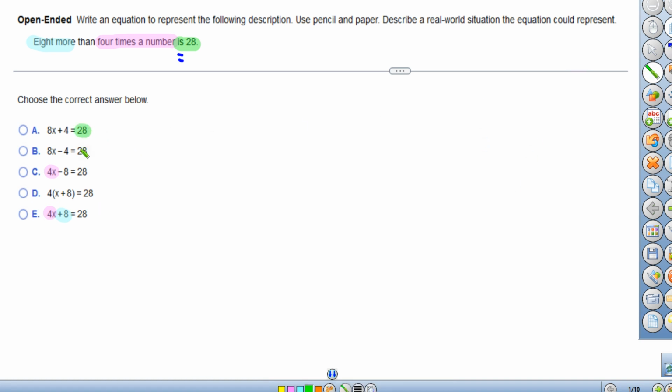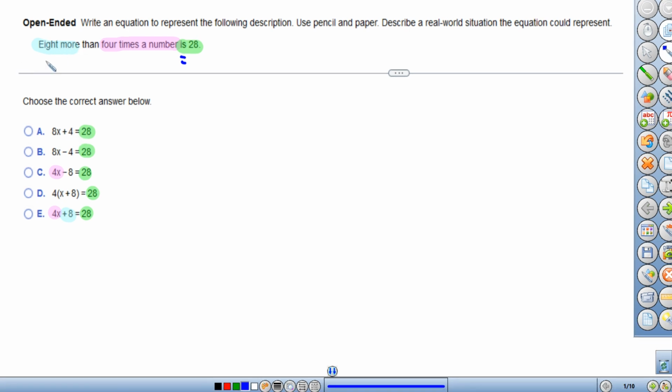Well, all of them say equals 28, which is great. But this one says plus 4. This one says 8 more, which is really plus 8. Then we have 4 times a number, which again we said was 4x. So really what we have is 4x plus 8. The only one that has all 3 of these is E. So that is our answer.